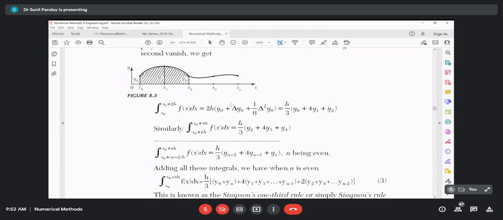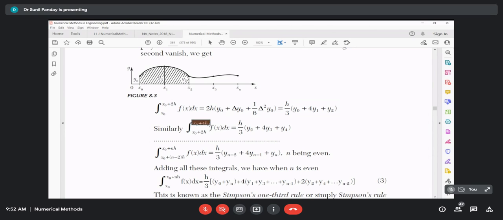Now we expand this. Delta y0 is y1 minus y0, and delta 2 y0 is y2 minus 2 y1 plus y0. After simplification I have this. Similarly, I go for I2. I2 has x0 plus 2h, that is starting from x2, then x3 and x4.